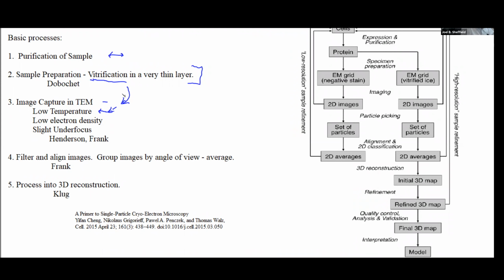But then, remember I mentioned this problem that in traditional electron microscopy, you would use a beam of electrons that was so strong that it would evaporate and destroy the material. So the solution for this was to use extremely weak illumination. Okay? Very weak illumination, which created its own problems.